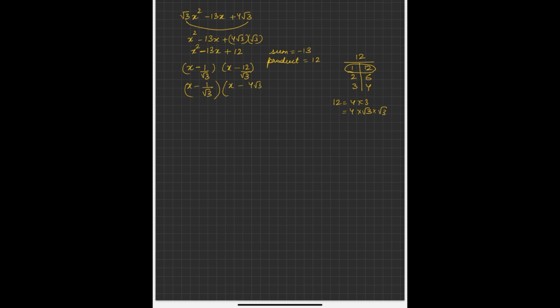So we will write here 4 into root 3 divided by root 3. So this root 3 and root 3 get cancelled. Now here we will multiply root 3 with x. So this becomes root 3x minus 1 into x minus 4 root 3. So the product of these two, when we take, we will get this expression.